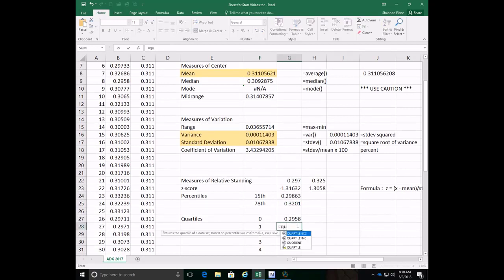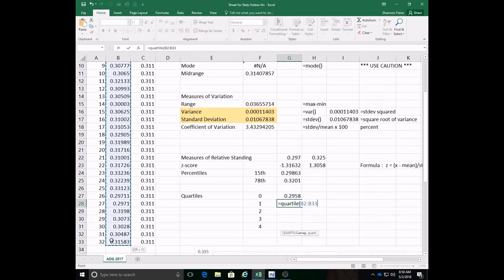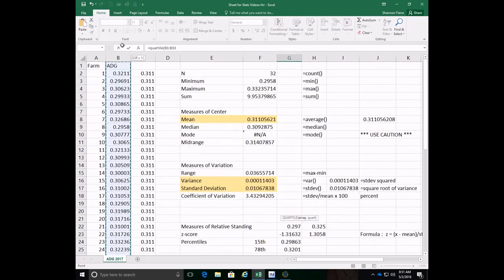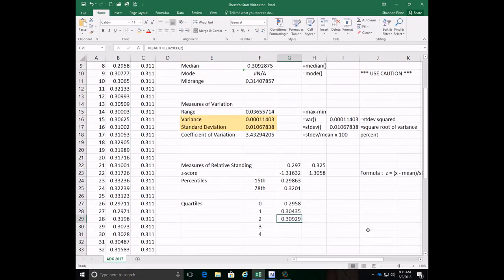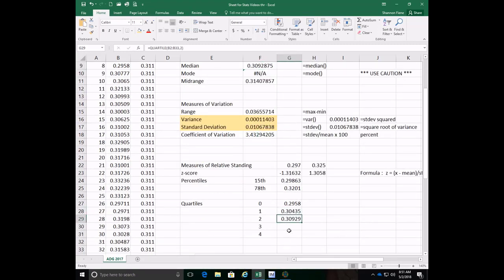So again, more than one way to find something. Quartile, highlight your data, comma 1, close parentheses, 0.304. That would be my 25th percentile. Equals quartile, highlight your data, comma 2. Like I said before, that's going to result in our median value. Again, notice here, median value, it matches up.